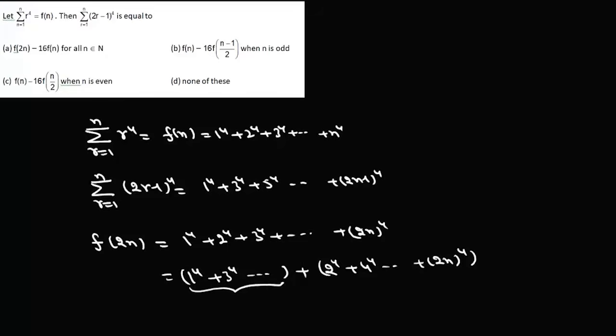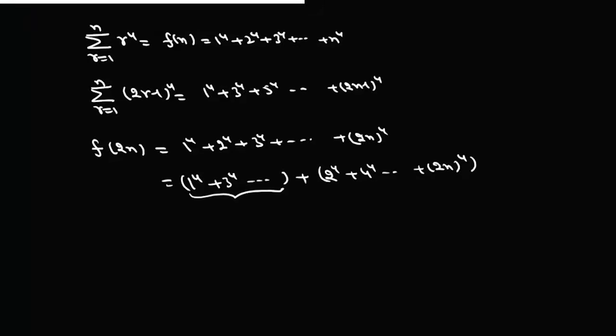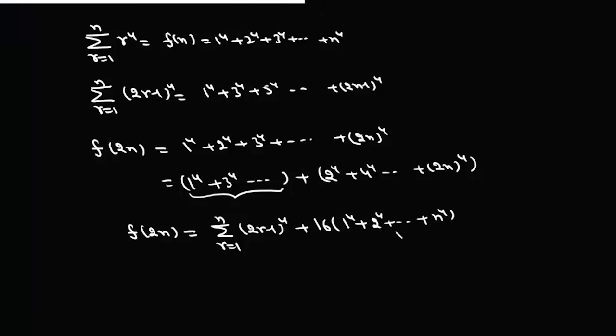So we can write F2n as this summation r varies from 1 to n of 2r minus 1 to the power 4, and here we'll take 2 to the power 4 common, so it will be 16, and then 1 to the power 4 plus 2 to the power 4 up to n to the power 4, which is nothing but Fn.